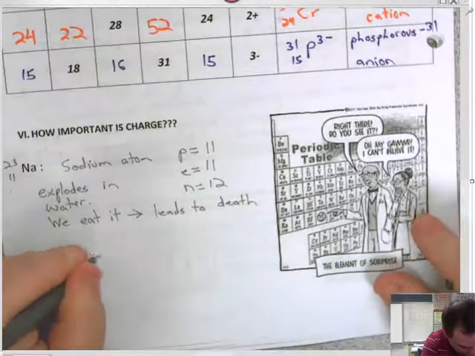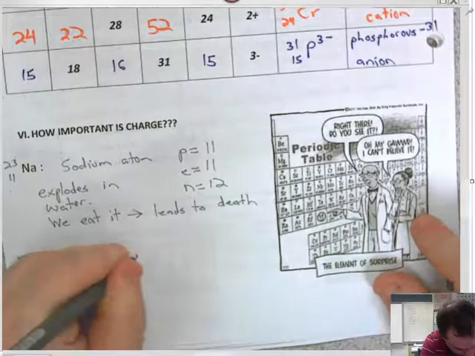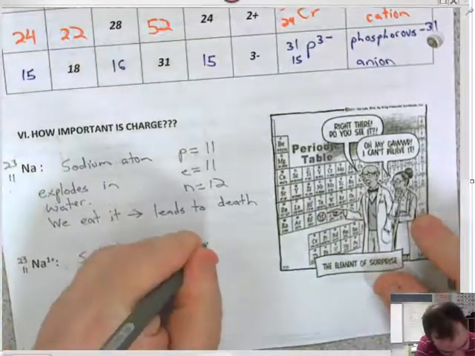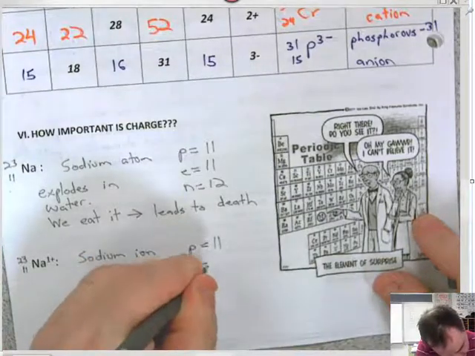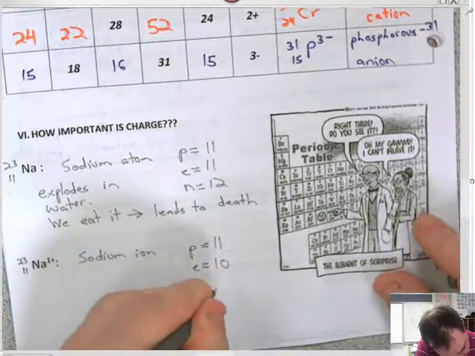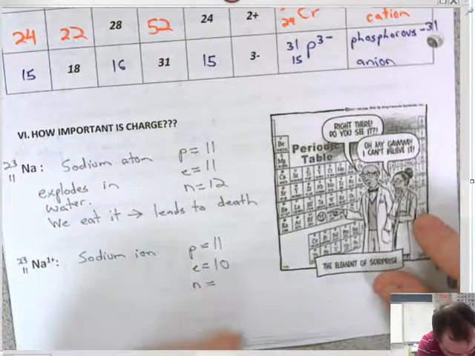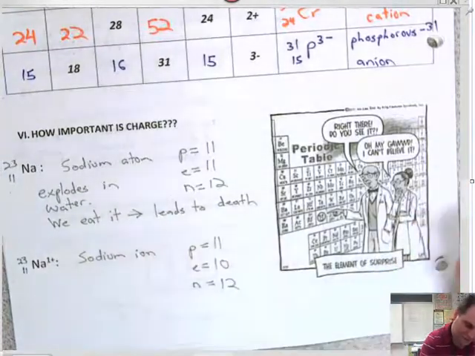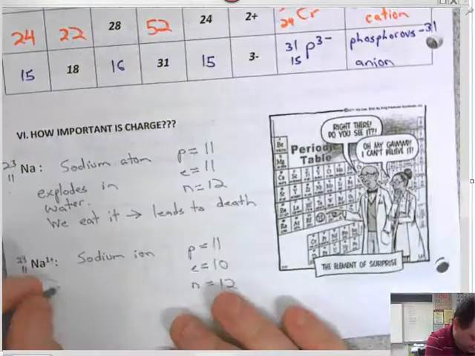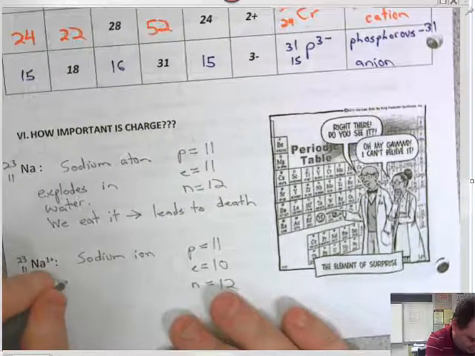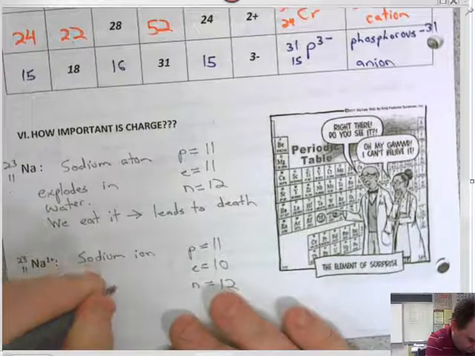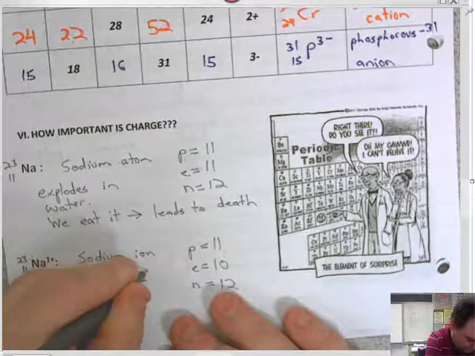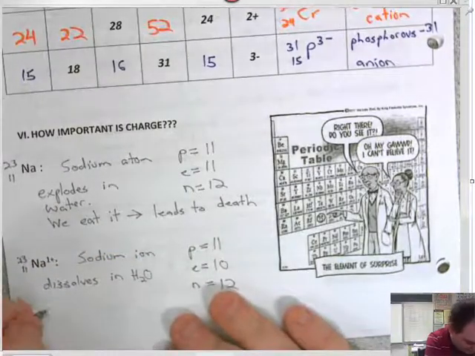Now this is a sodium ion. So the difference in this is the cell has 11 protons. The electrons is now 10. And the neutrons is 12. Okay? This actually dissolves in water. We eat it.